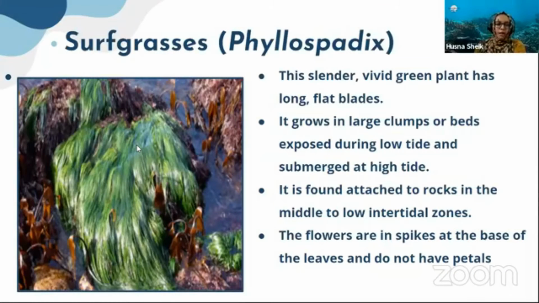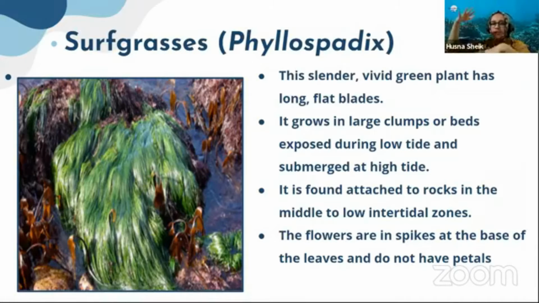And then we have surf grass. This is a slender, vivid green grass with long, very thin blades. It grows in large clumps, mostly attached to rocks, so we can see this kind of surf grass in rocky shore areas.